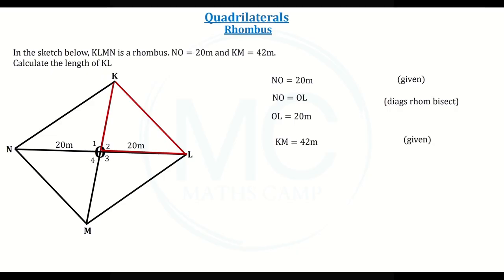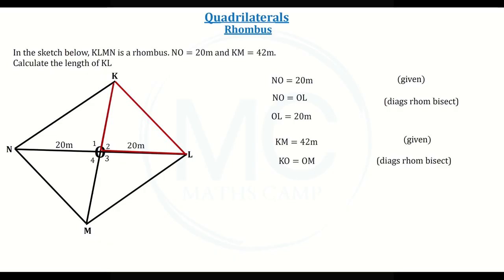We also know that KO is equal to OM because the diagonals of a rhombus bisect. This means that KO and OM are both equal halves of the diagonal KM.